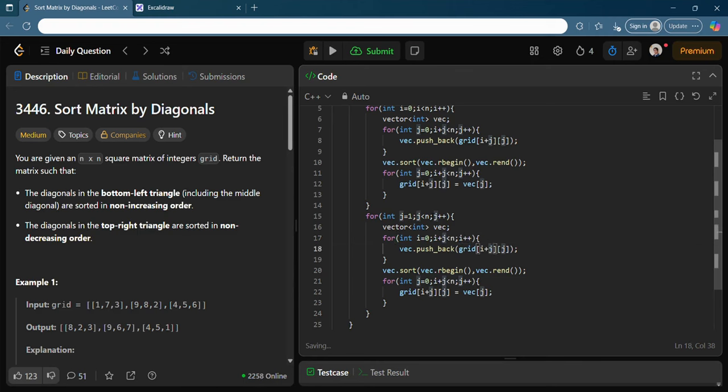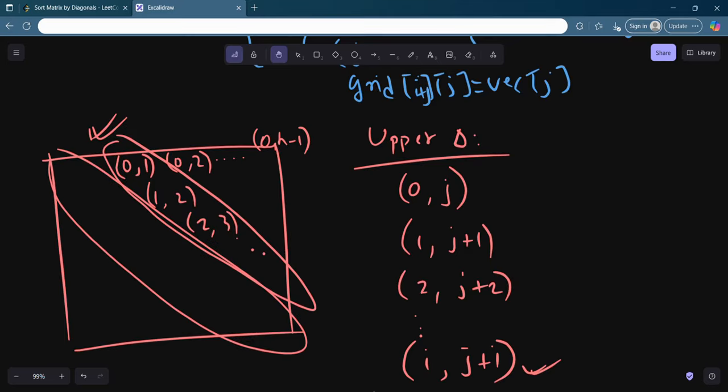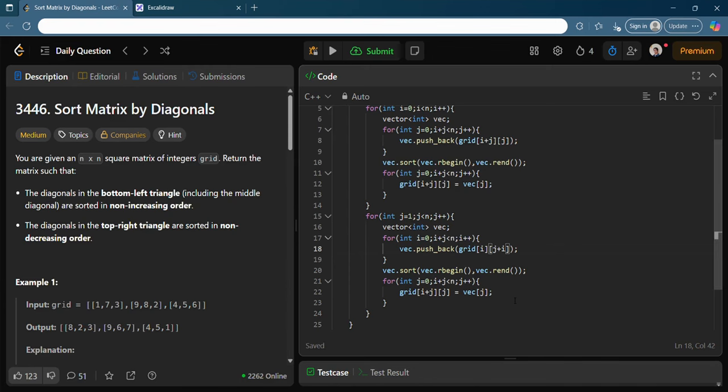And what we would like to do here is i and j plus i. I hope this is the thing which we just derived. i and j plus i is the thing. So that is what you will be doing.